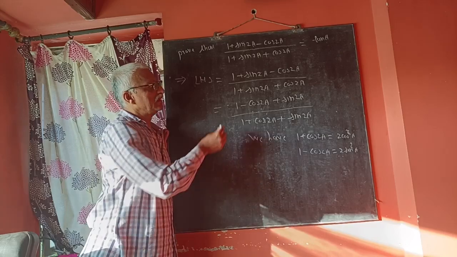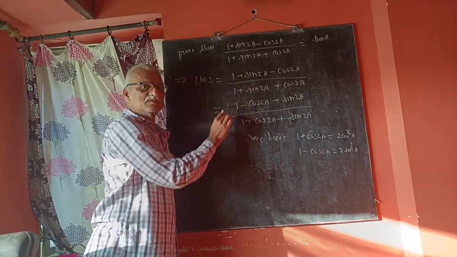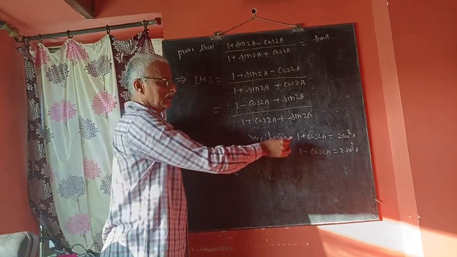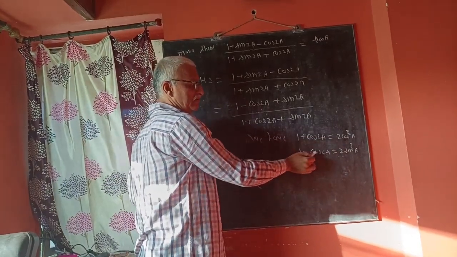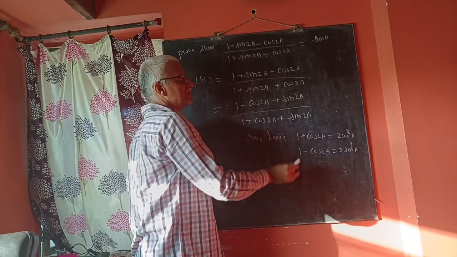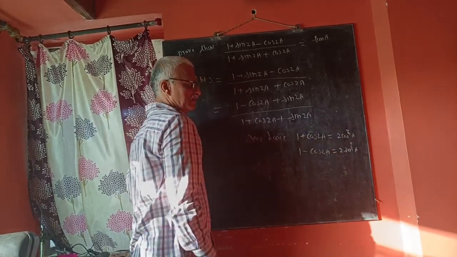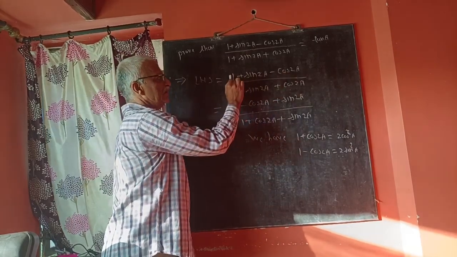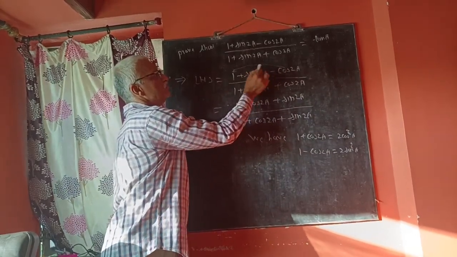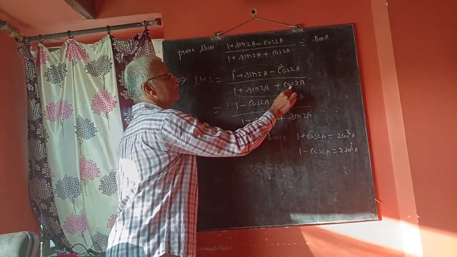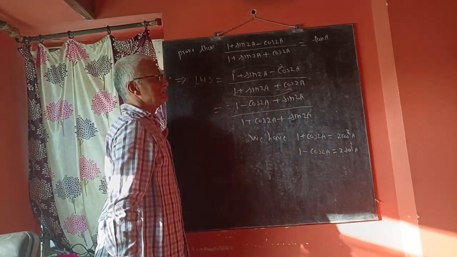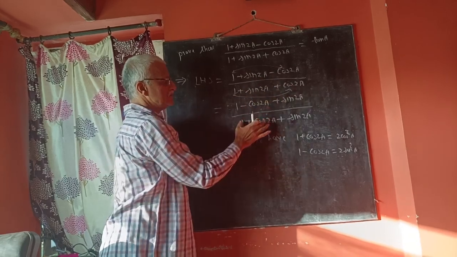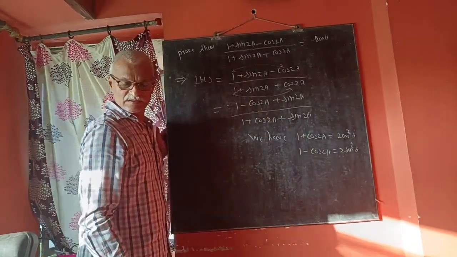I repeat again. We have adjusted the terms because the formulas are 1 plus cos 2a and 1 minus cos 2a. 1 plus cos 2a is 2 cos square a, and 1 minus cos 2a is 2 sin square a. So sin 2a remains as it is.